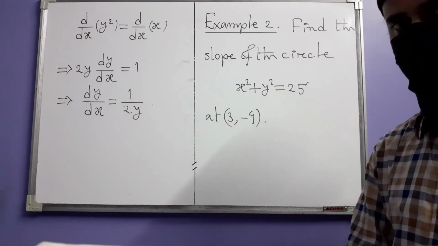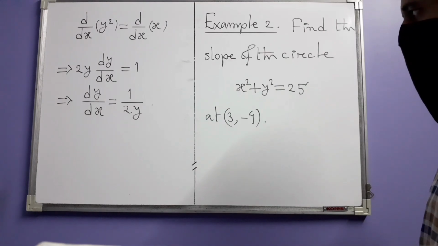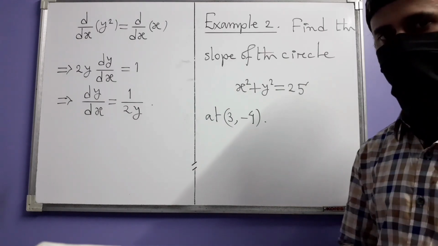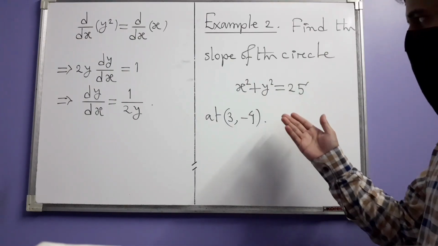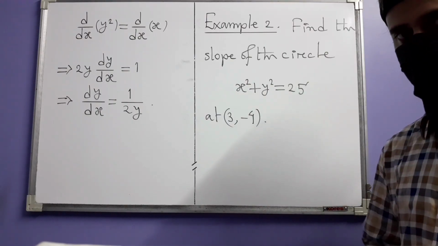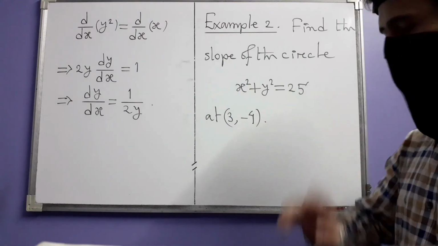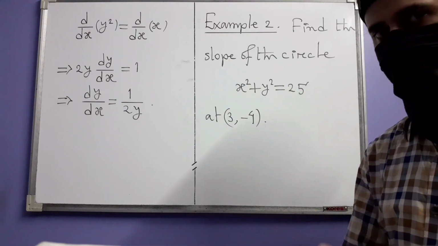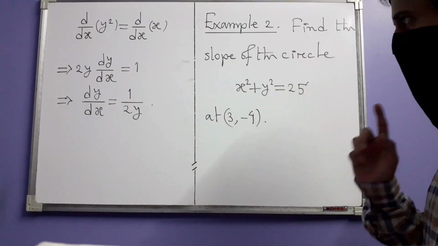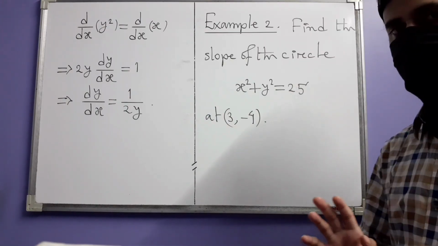It's not really that difficult. And that is why here also, like the previous example, we are going to find the slope in two different ways. We will first find a function whose graph has this point 3, minus 4. We will differentiate it explicitly and find the slope at that point. And then we will also do it implicitly.